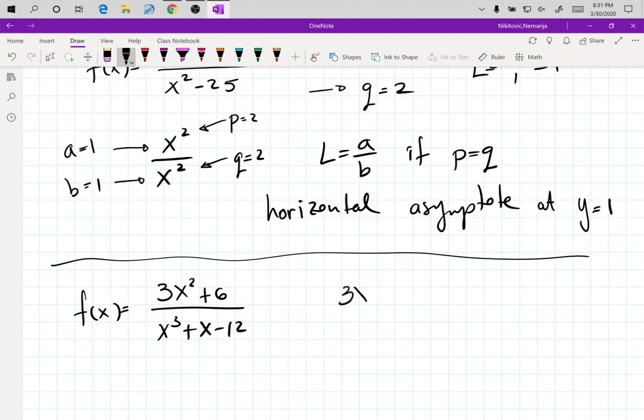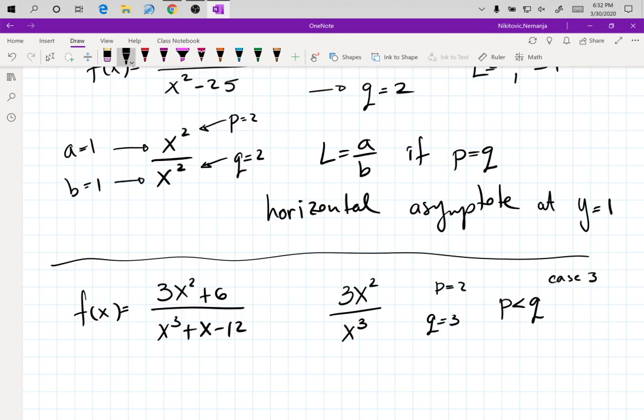So we have 3x squared divided by x cubed. Well, p equals 2, q equals 3. P smaller than q means horizontal asymptote at 0. That's case 3.